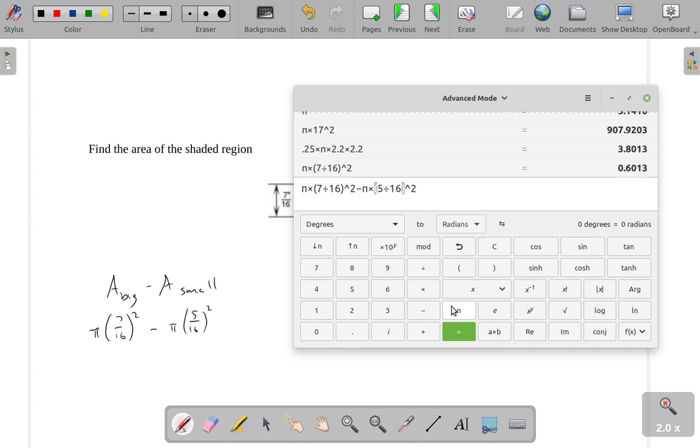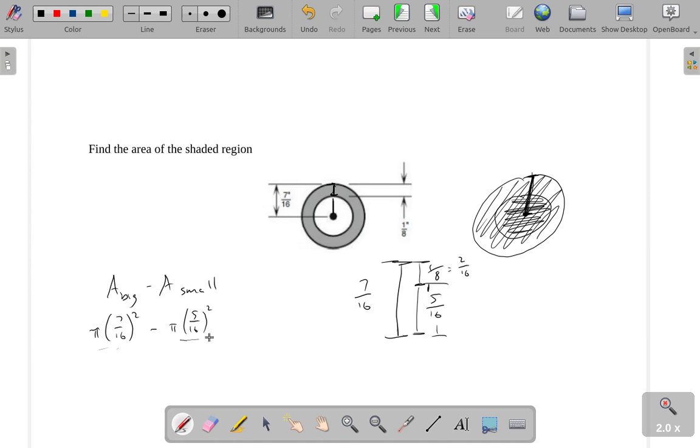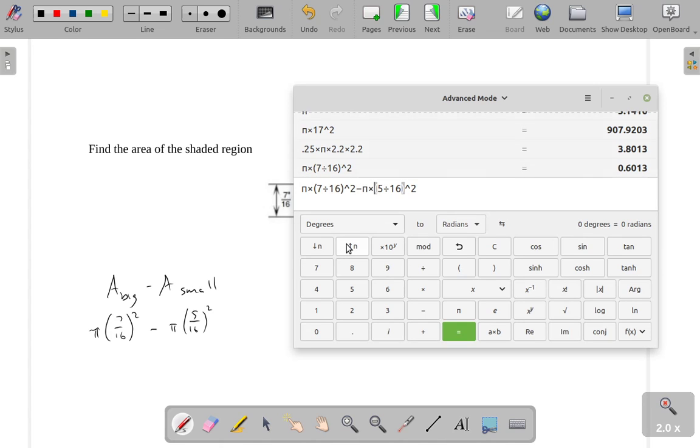So I'm not having to worry about any rounding or writing anything down midway through the problem. I have the exact answer right here. Having the pi's in there means there doesn't have to be any rounding. When I say exact, the only loss of accuracy would be in what these measurements are. So in any case, we have pi times 7/16 squared minus pi times 5/16 squared.